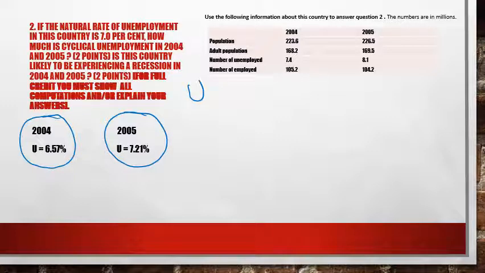Now, what I want to clarify is the following. The total unemployment rate, what we've been calculating up to now, is equal to UN, that's the natural unemployment rate, plus UC, that's the cyclical unemployment rate.